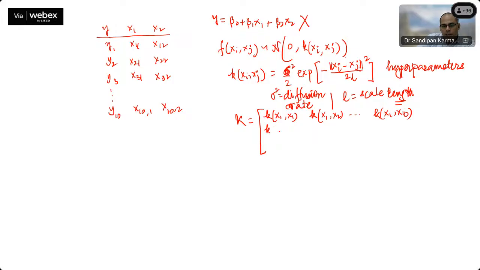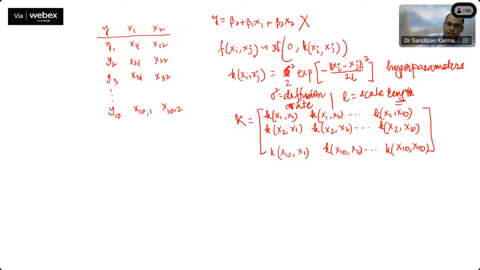Similarly, the next row will be k(x2, x1), k(x2, x2), dot dot dot, k(x2, x10). Similarly, the last row is k(x10, x1), k(x10, x2), dot dot dot, k(x10, x10). So this is the covariance matrix for this particular F that can be calculated.